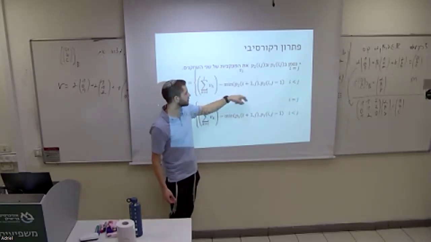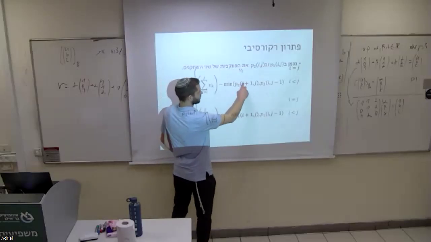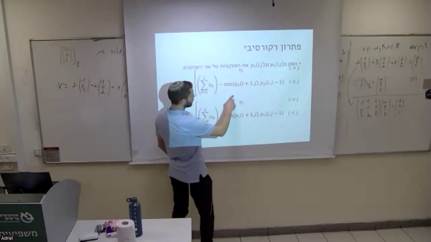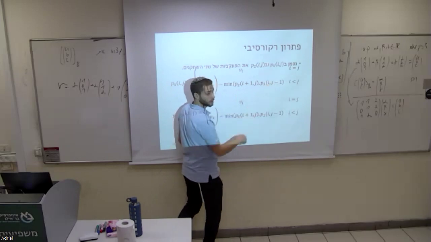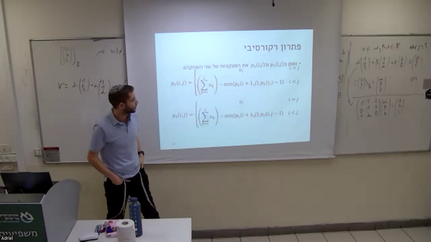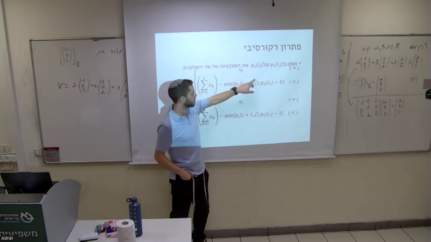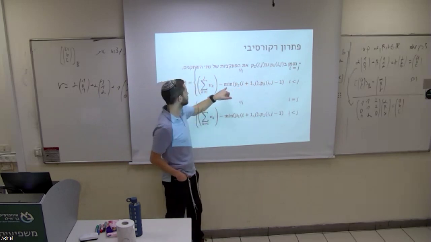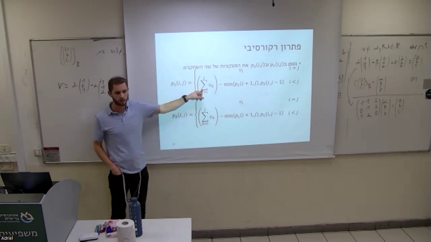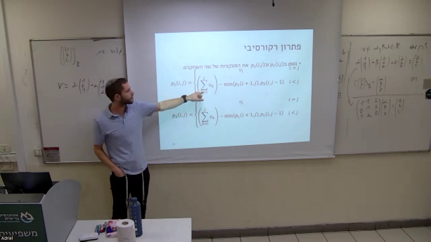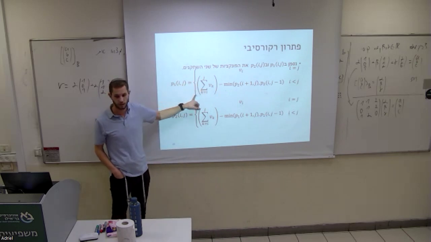So it's the minimum of taking the ith card or the jth card. I calculate the minimum of the second player's function for both of them, and I subtract that from the total sum. Does the recursive function make sense?